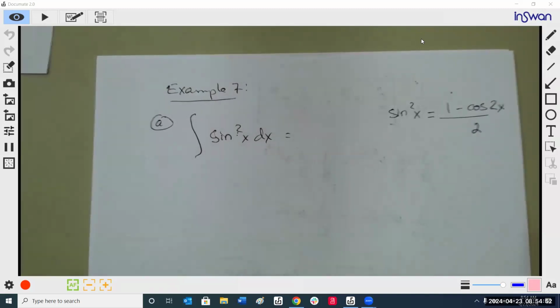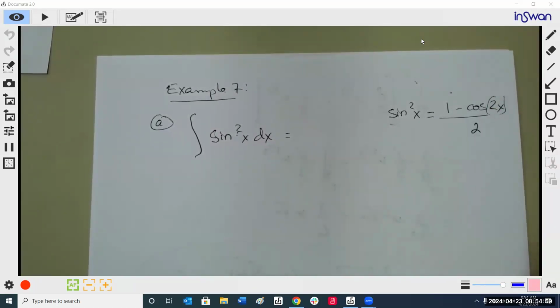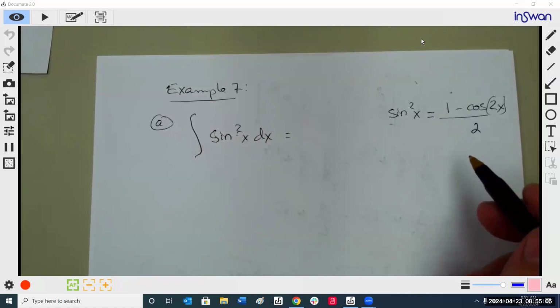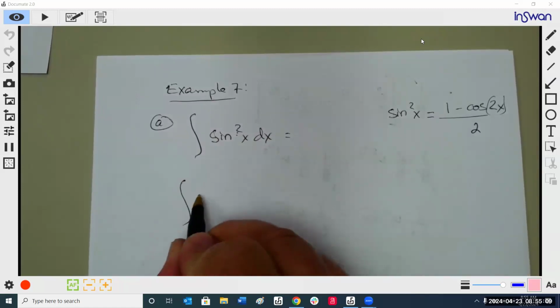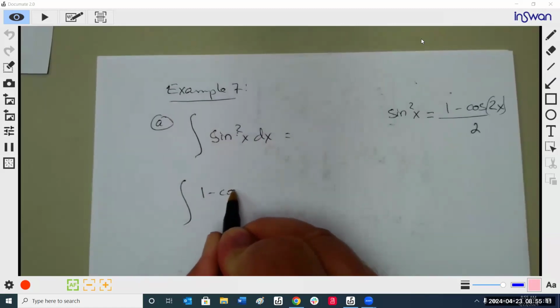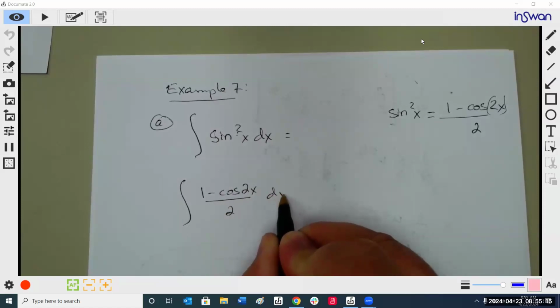It's on your cheat sheet. Because this is a lot easier to take an integral of than just anything exponentiated. So we're going to take the integral of (1 minus cosine 2x) over 2 dx.